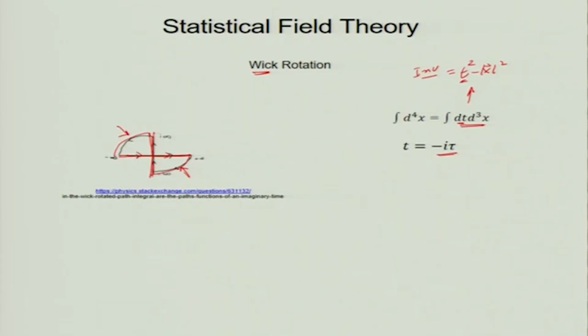It turns out that we can convert the Feynman path integrals to a Euclidean integral where all the 4 coordinates, or 4 variables, are on the same footing. And in statistical field theory, we do not have time. We are basically doing equilibrium, and we are not thinking about time playing a role.